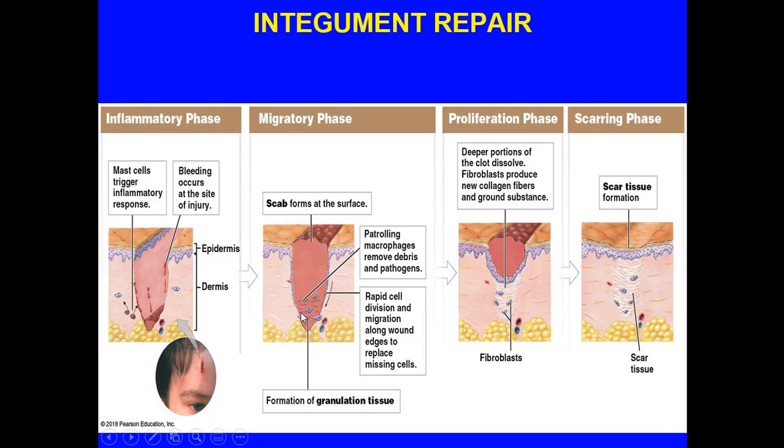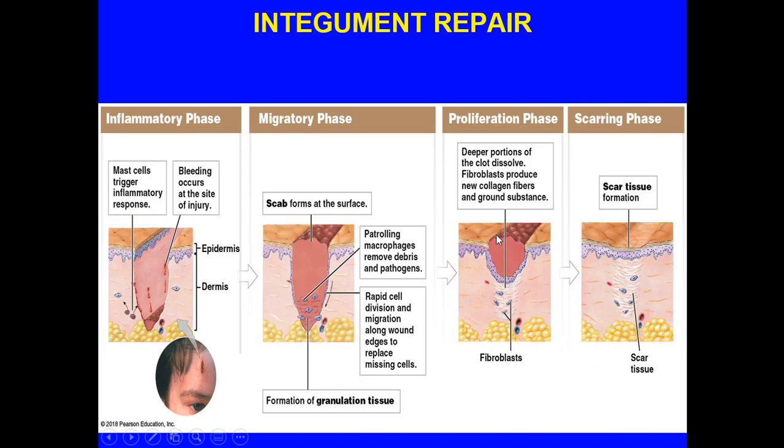You have the beginning down here, the formation of granulation tissue. You are undergoing rapid cell division and migration along the wound edges to replace missing cells. As this continues, you start having more fibroblasts building these deeper areas of collagen fibers. The deeper portions of the clot dissolve.